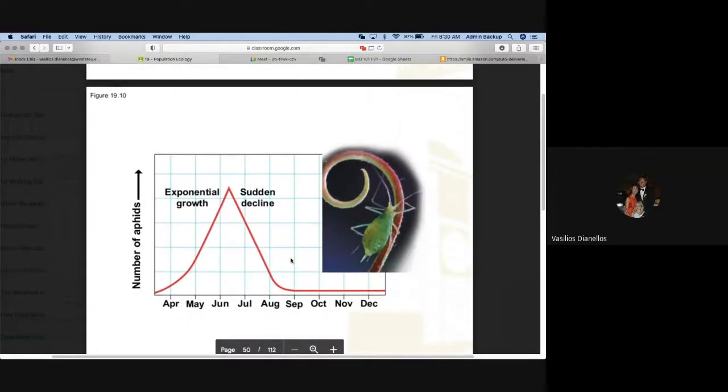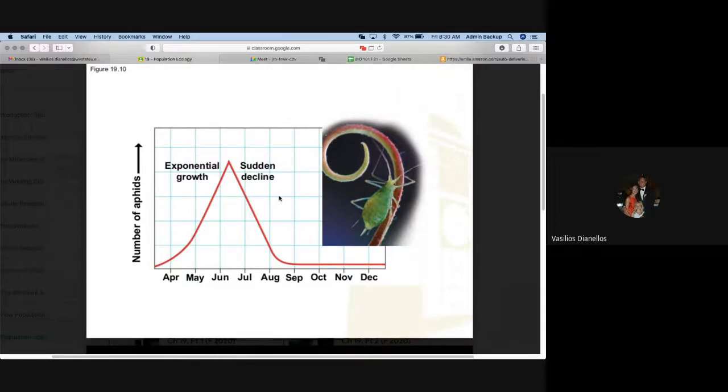Your book gives an example. This shows the number of aphids, which are these little insects. They're kind of like a crop pest. So they have an exponential growth rate, as most insects do. And then all of a sudden, because the weather changes, it gets too hot, or, I don't remember your book example, but it could be that because this is a crop pest, perhaps the crop is harvested and now there's no longer anything to eat, so all of a sudden it dies.